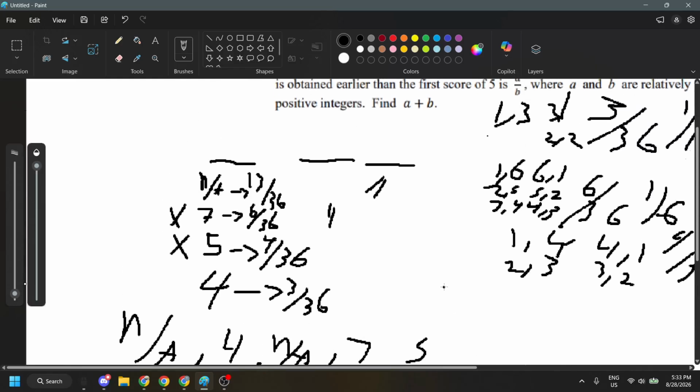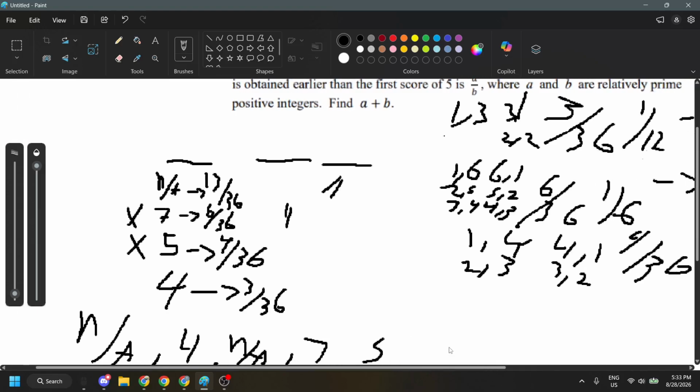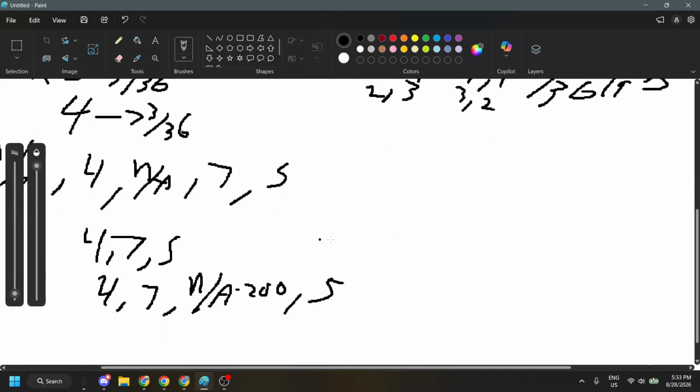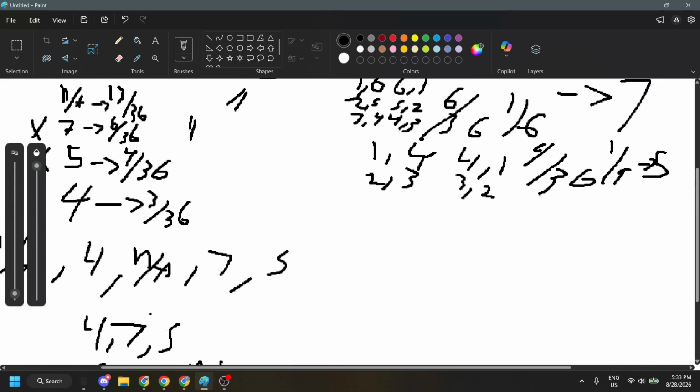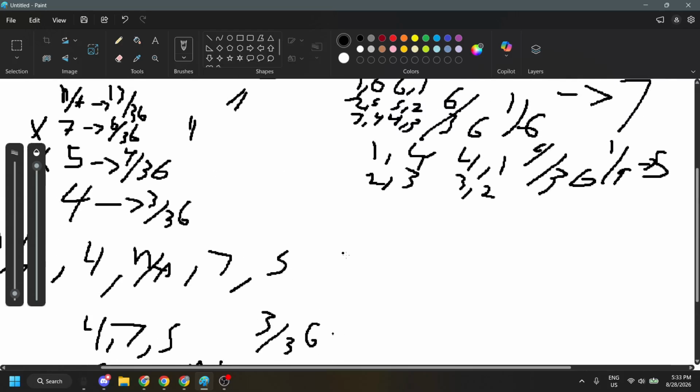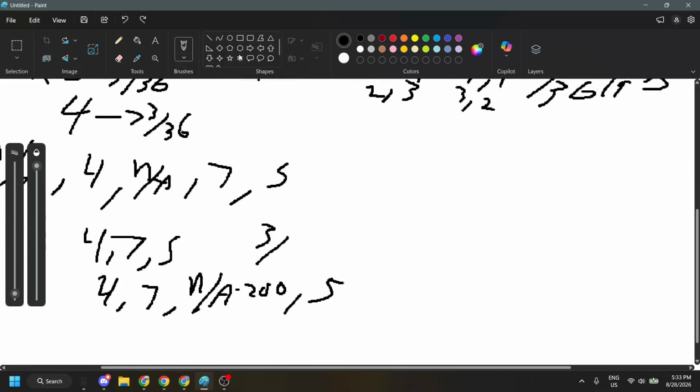I think maybe it's a convergent geometric series. This one right here is 3 out of 36 times, it's 3 times 5 times 7 out of 36 cubed.